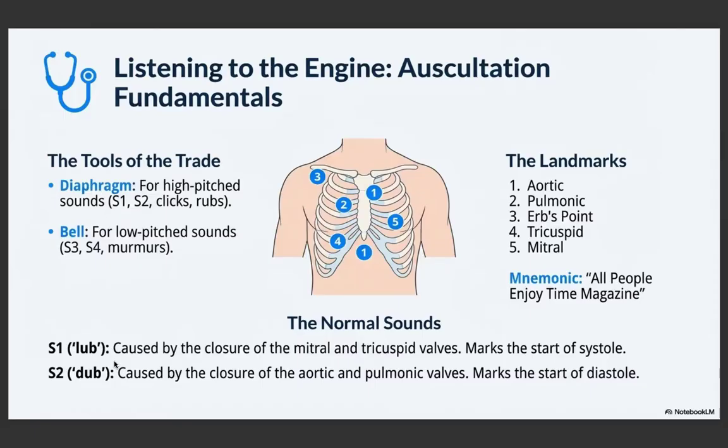S1, closure of the mitral and the tricuspid valves. So our fourth and fifth intercostal spaces is going to be best heard with the diaphragm. And then our S2 still best heard with diaphragm, but it's the aortic and the pulmonic valves closing.